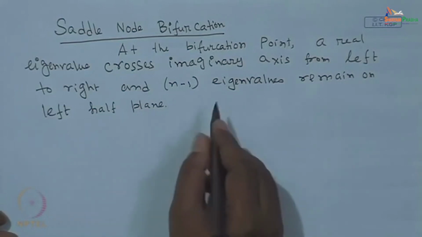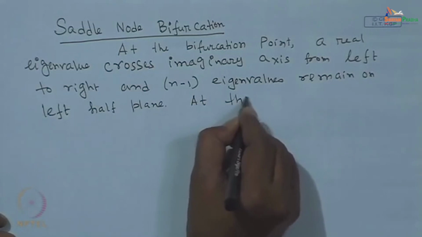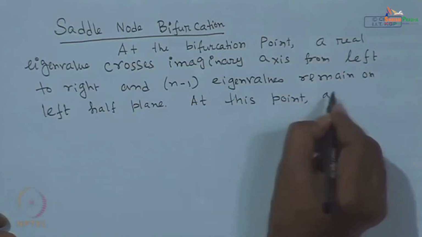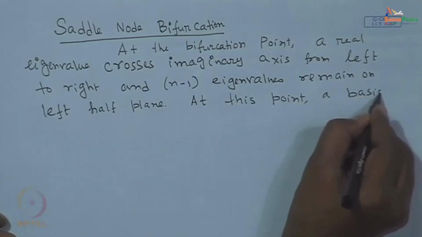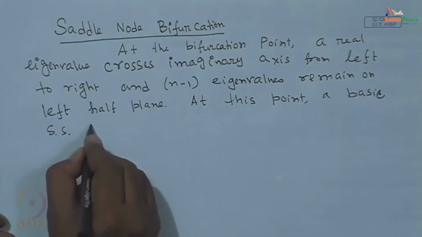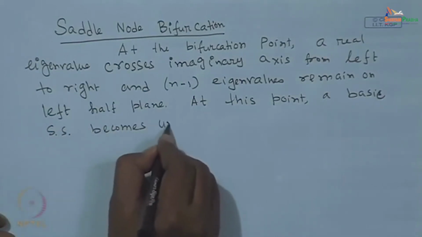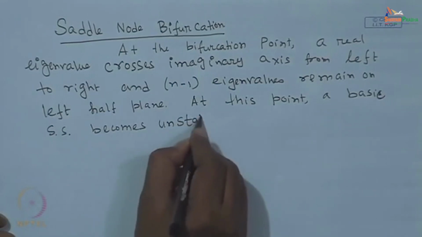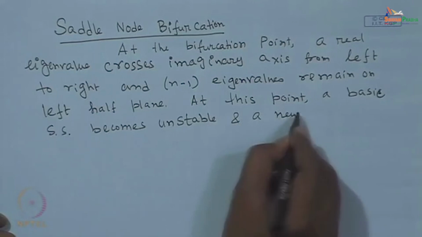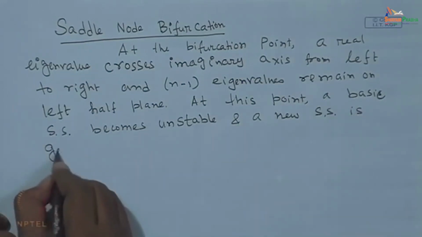Then, if this is the case, what happens at this point? A basic steady state becomes unstable, and a new steady state is born, is generated.